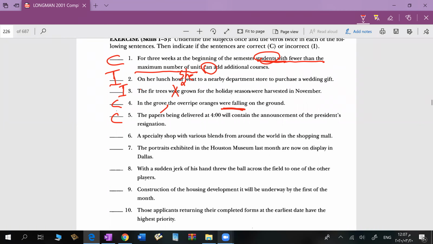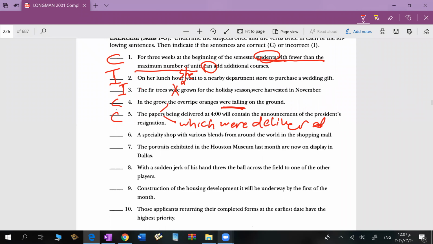Okay, the origin of the sentence was "the papers which were delivered at 4 will contain..." Now the sentence is correct. When we make a reduction of this sentence, we have to omit which and were, and we put instead of them what? A gerund.